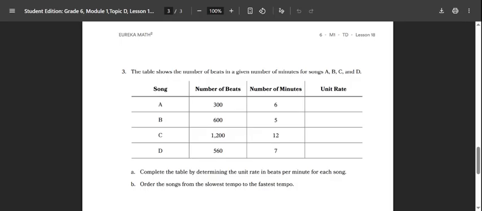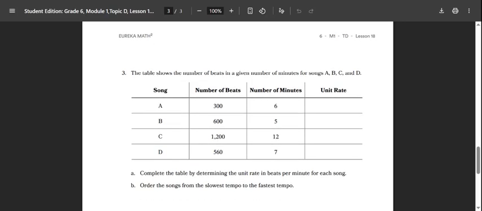That would make it a whole lot easier to compare. So we're going to make all of these rates on this table be unit rates of beats per minute.